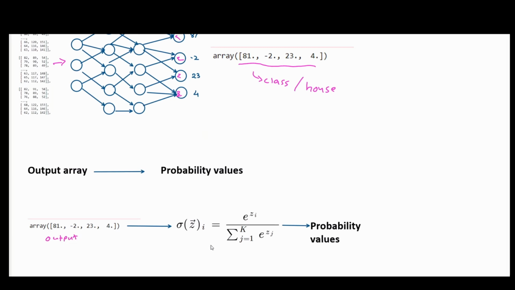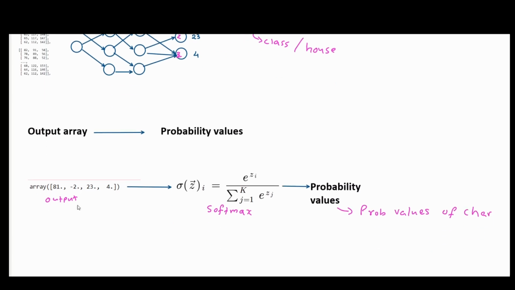It goes through softmax, and then you get probability values of characters belonging to a house.